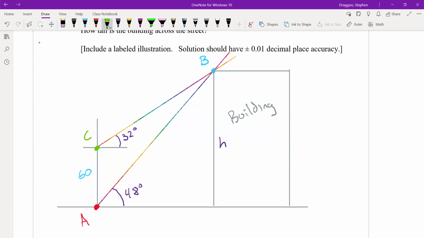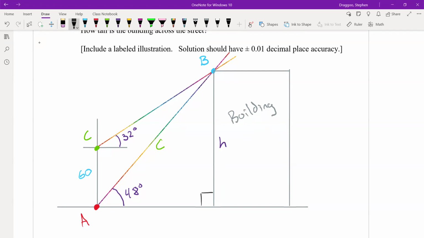And the side opposite C is this green side right here, the one that's connected to the 48-degree angle right now. And that side forms a hypotenuse of a 48-degree right triangle, where the side opposite the 48-degree angle is the height of the building.